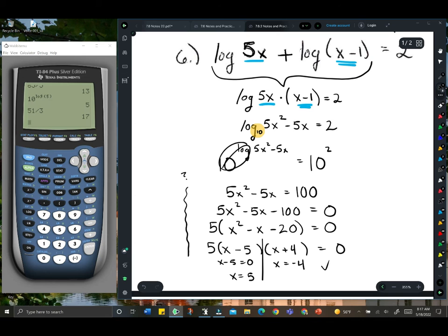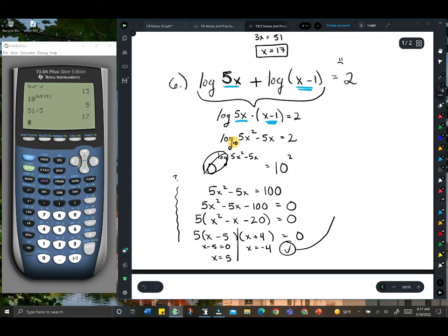With these problems, it's important to check. You want to check your answers by typing back into the original problem. So there's a little trick here. You cannot take the log of a negative number. So when we go to try out negative 4, it would be log of 5 times negative 4.